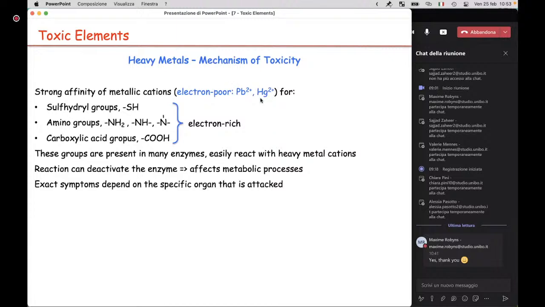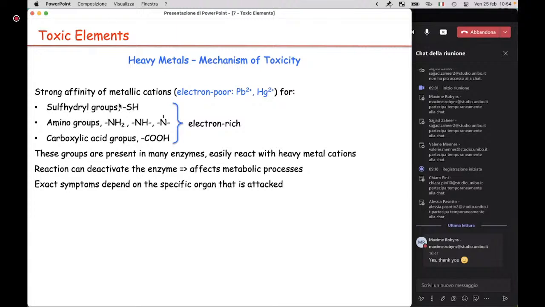Since they are mostly in their cationic form, they are very reactive towards those groups that have high electron density. Do you remember we have said it before that oxygen, nitrogen, and sulfur have a lot of electrons, of free electron pairs that are exposed, are available for reaction.